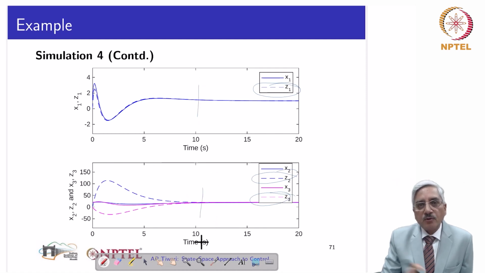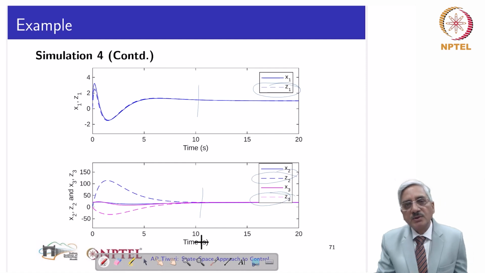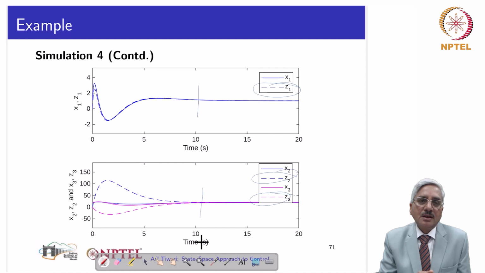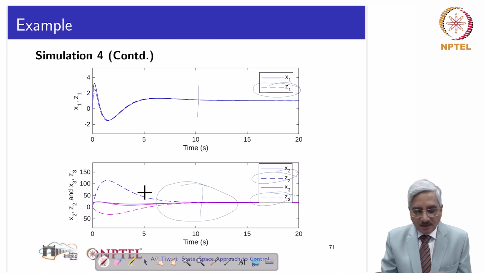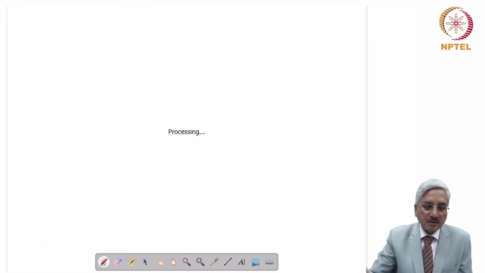So irrespective of how much the difference was, whether we were using actual system states for control or observer system states for control, this behavior is identical: the estimated states become asymptotic to actual states in a time depending upon the observer design, where the poles of the observers were placed. It happens.